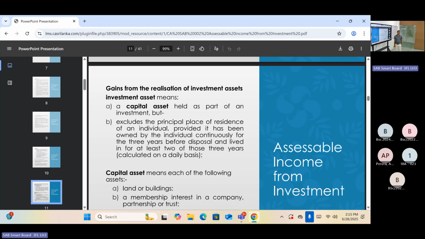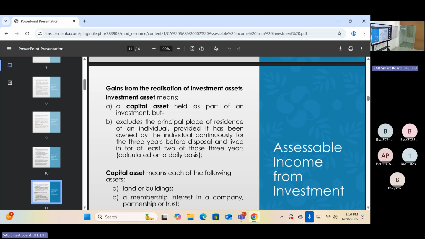But exclude the principal place of residence. The principal place of residence is not an investment asset, provided it has been owned by the individual continuously for a period of 3 years before the realization, and at least 2 of these 3 years should be lived in.